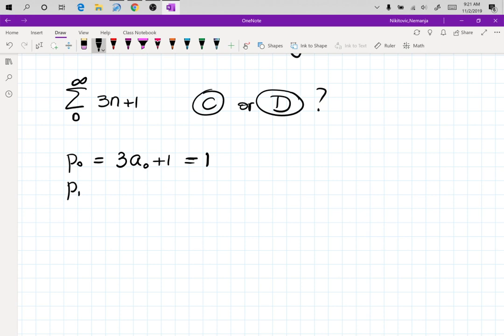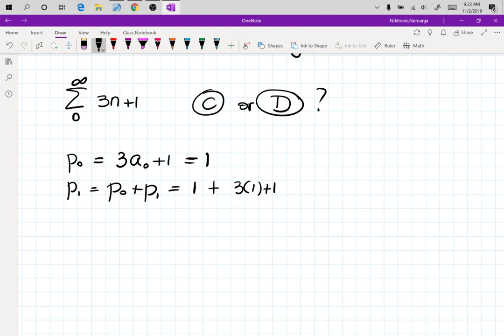Then P1 would be the old value plus the new term, so we are going to use the old value, and then we're going to calculate one more, right? So we have the old one plus, and now I'm going to have 3 times 1 plus 1.